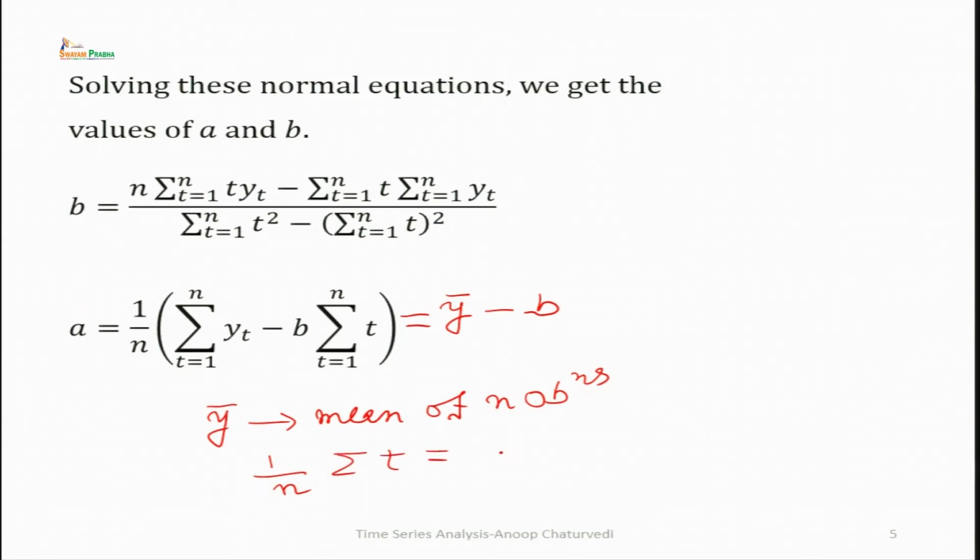Actually, summation t is n into n plus 1 by 2, and you divide it by n. So, you get n plus 1 by 2. Similarly, you can find the value of b also. So, these are the least square estimators of a and b.